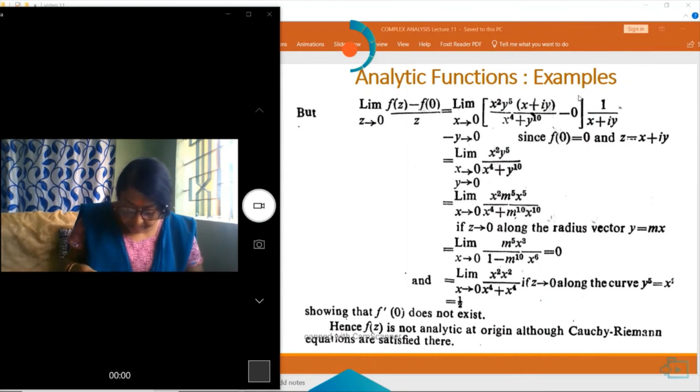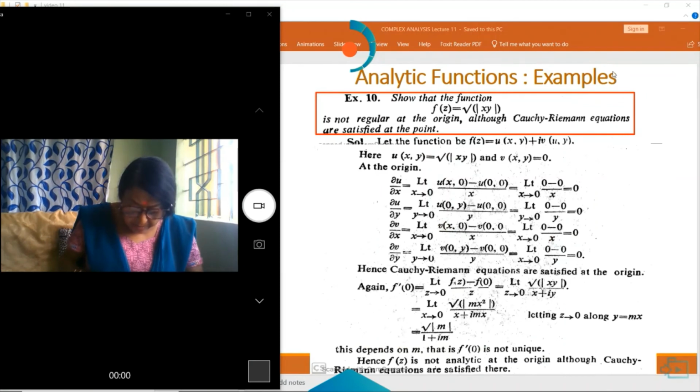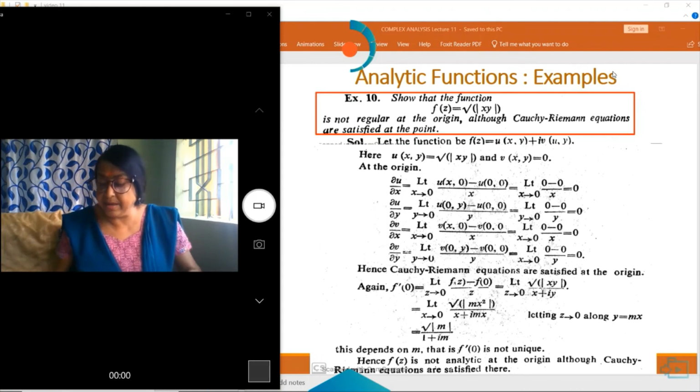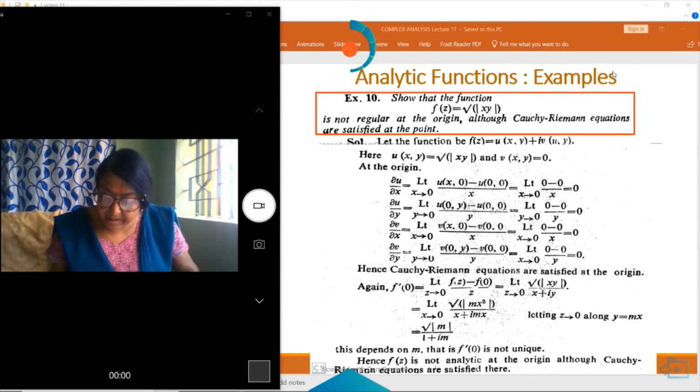Similarly, show that the function f(z) is equal to the square root of |xy|. Here we separate the real and imaginary parts. You calculate ∂u/∂x, ∂u/∂y, ∂v/∂x, and check whether the Cauchy-Riemann equations are satisfied or not. Here it is satisfied.